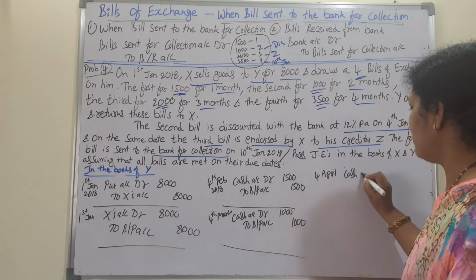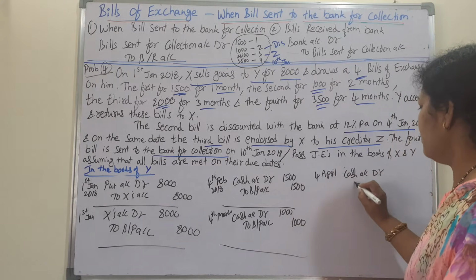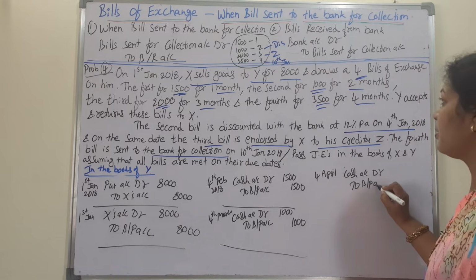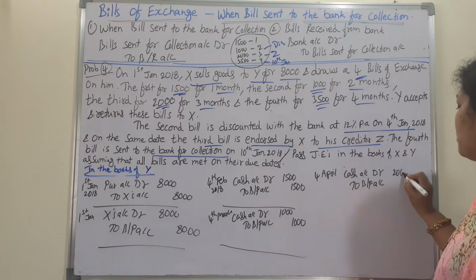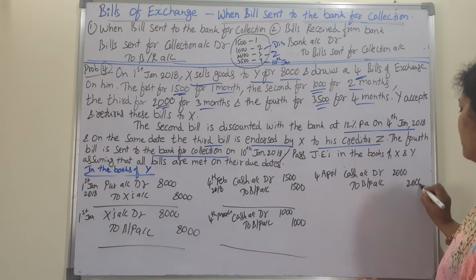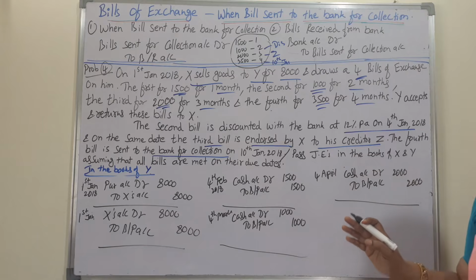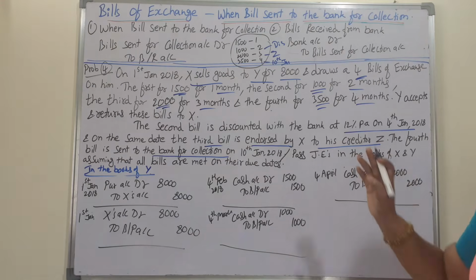This amount is 2,000. Being the bill due amount paid.